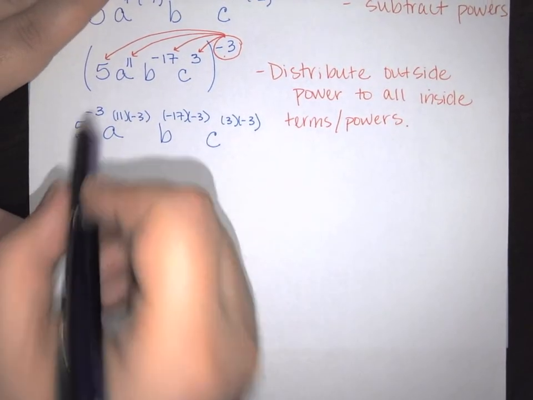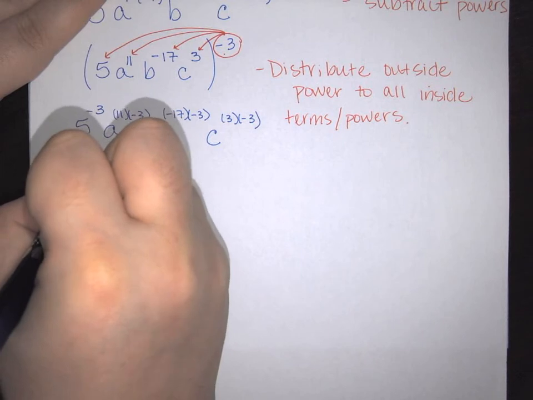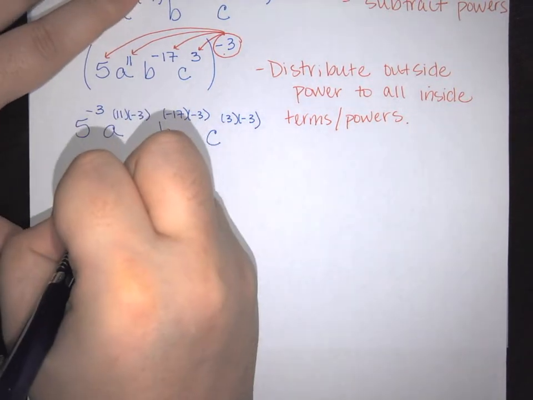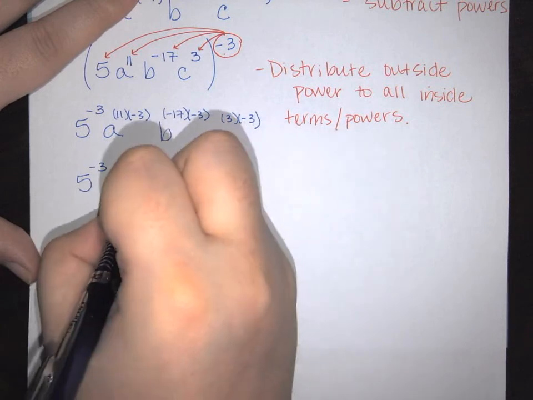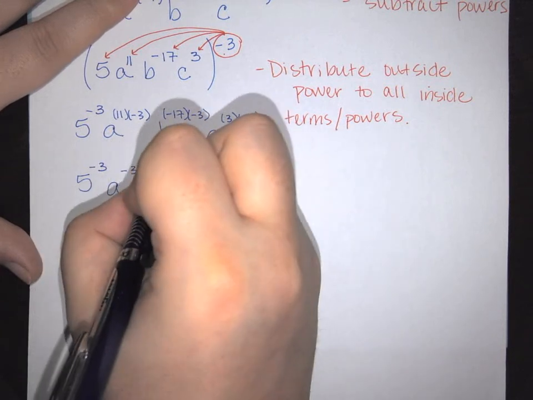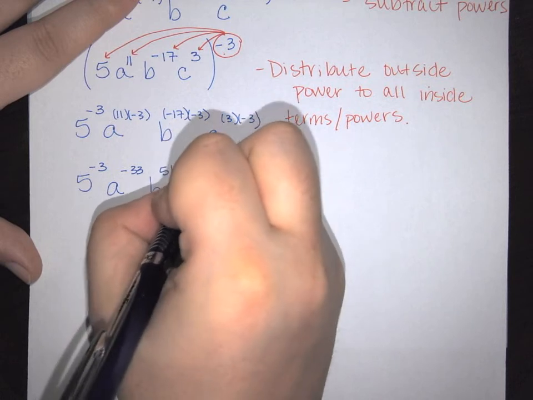So here 5 to the negative 3 still holds true. Then my a is going to become a to the negative 33. This is going to be b to the 51 and c to the negative 9.